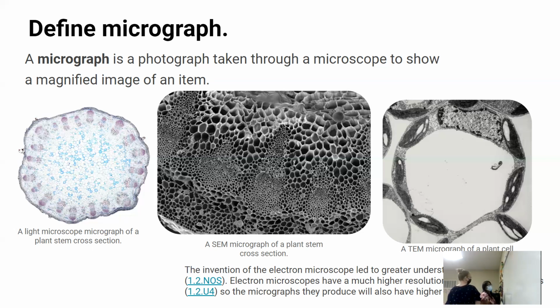Let me clarify the calculation. The low power is always going to be 4 for that microscope, right? Yeah. And then to calculate the high power, how did they do that? That's the low power diameter, which is this one, times the low power objective, divided by the high power objective.